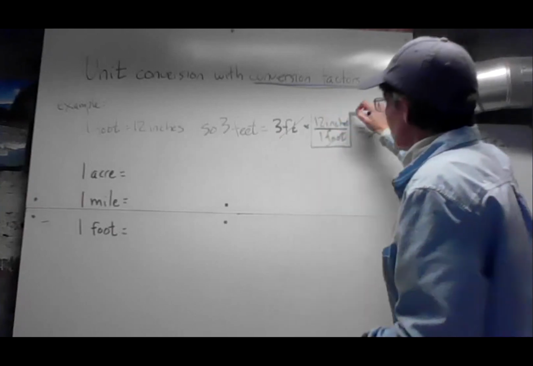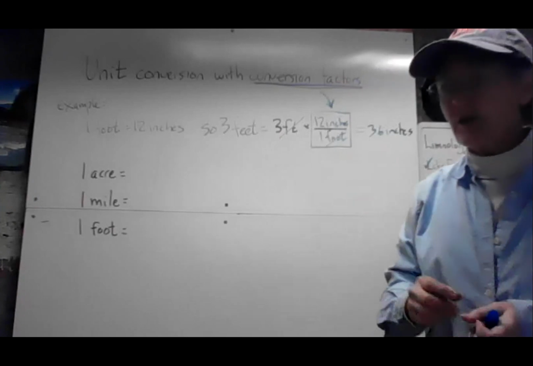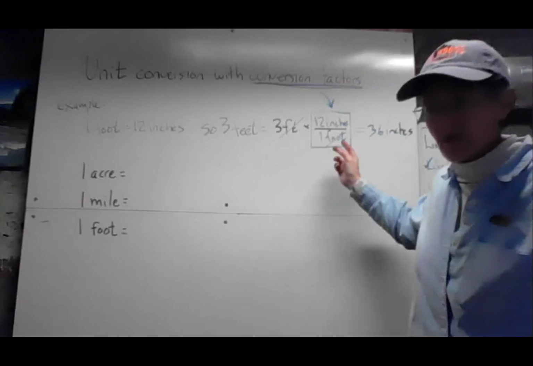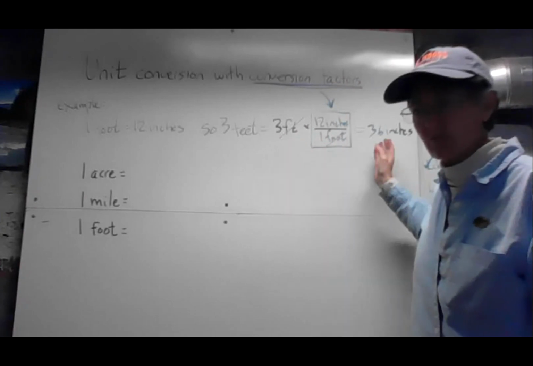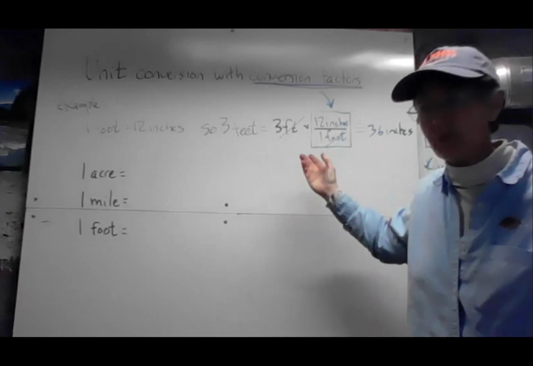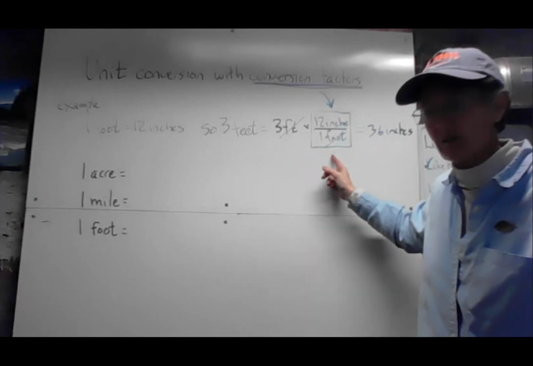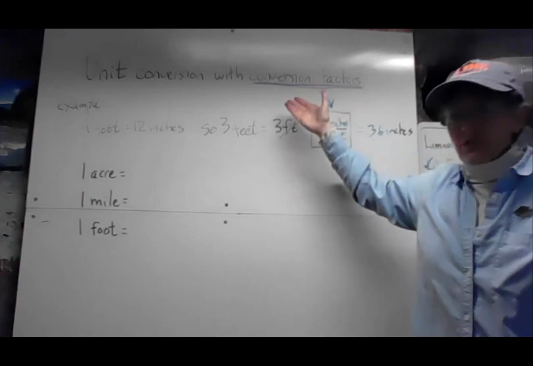So this here is called a conversion factor. It's a factor because you multiply by it. The terms in a multiplication are called factors, so that's a factor, and it's the factor that you use to convert units.